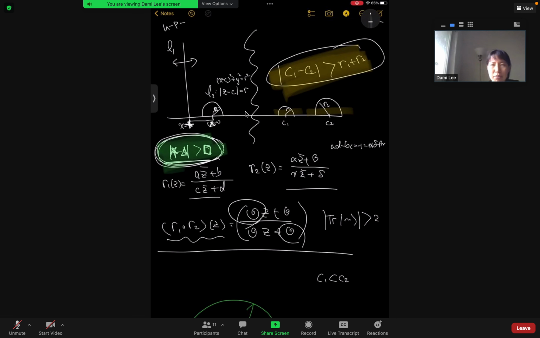Write down a pair of parallel lines. Write down the reflections. Write down the composition of the reflections. Show that the trace is 2. For the second one, just give me an example of ultra parallel lines. Write down the reflection about each of the lines, write down the composition, and then show that the trace has absolute value greater than 2. Okay, thank you.